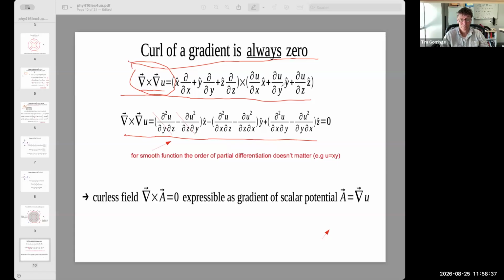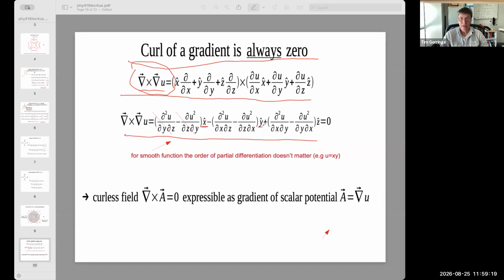It's this guy here. I then carried out the cross products of all these unit vectors, right? The only ones that are not zero are, for example, y cross z, two different unit vectors. And y cross z gives you another unit vector in the x direction. So one of these two terms is from y cross z, and the other one is from z cross y. So that's how I got these two components here.